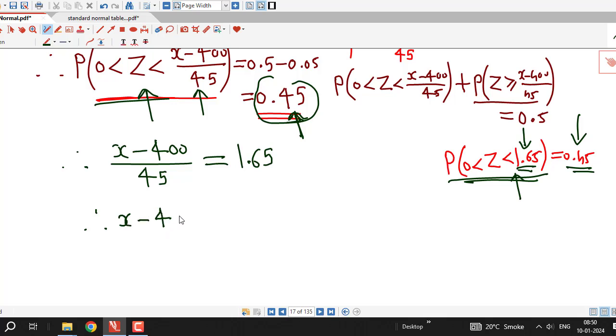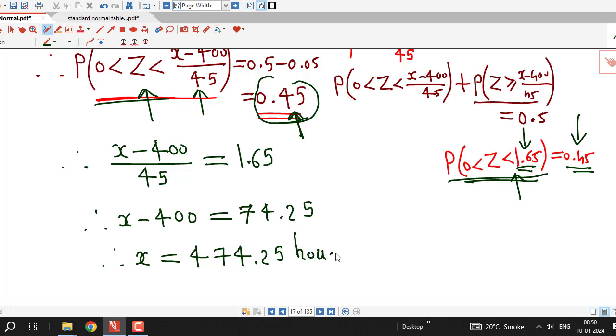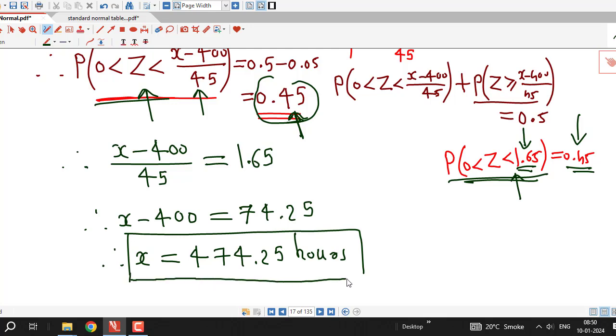If we multiply 1.65 and 45, we obtain 74.25, and therefore x becomes 474.25 hours. So this is the minimum life of x of the best 5% of the batteries.